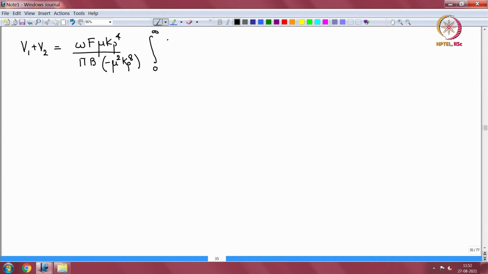In here I will substitute k as k0 plus iu, so k squared plus twice i k0 u minus u squared minus k0 squared to the power half, e to the power of minus ux du.